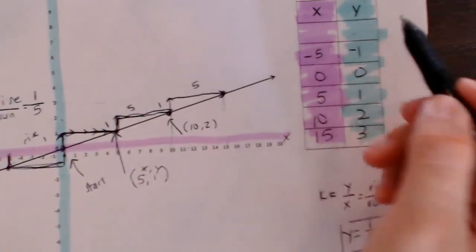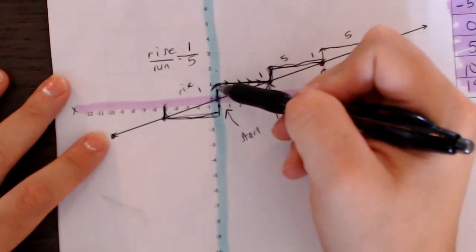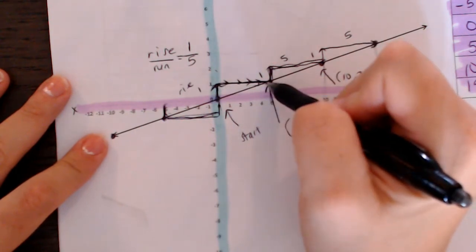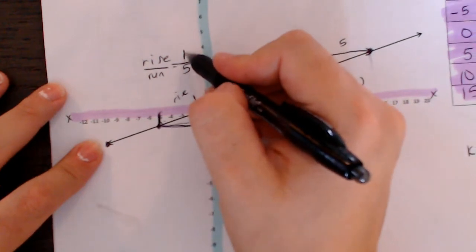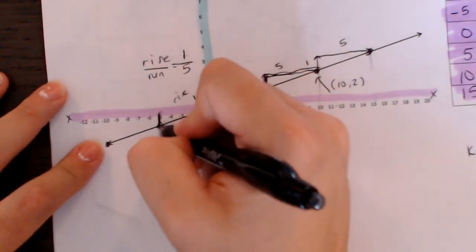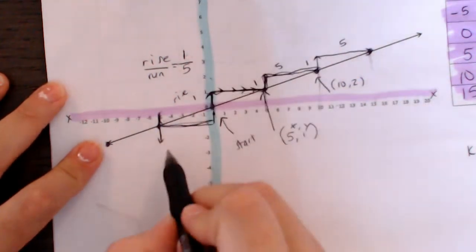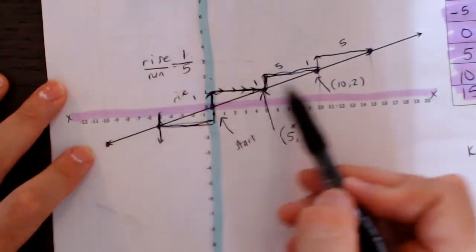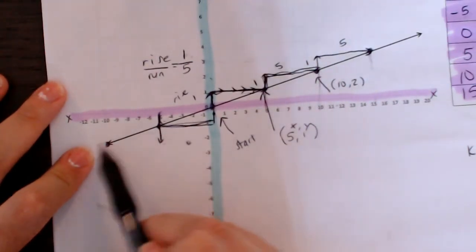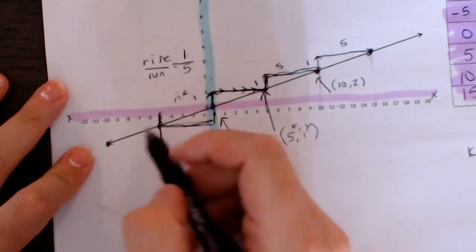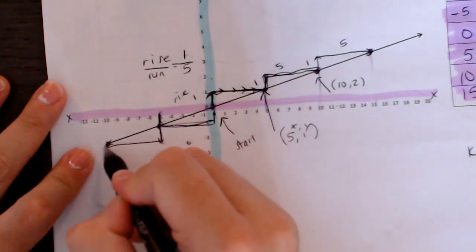I can squeeze in one more coordinate, which is this one right here. Again, I went up 1, I ran 5 to the right. So then it would be the opposite. Instead of going up, I would go down 1. And instead of going to the right, because obviously there's no line here, I go down 1 and go 5 to the left.